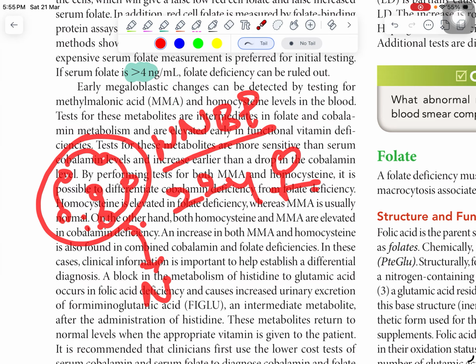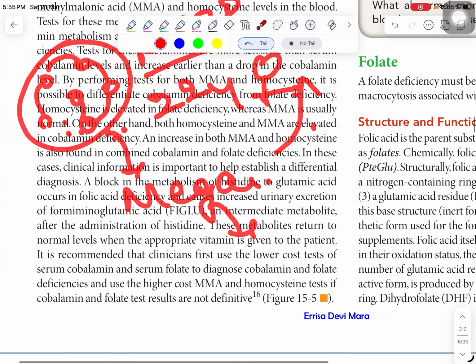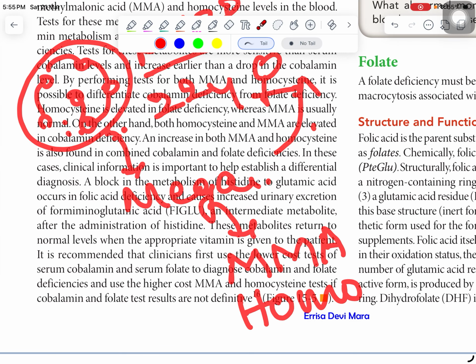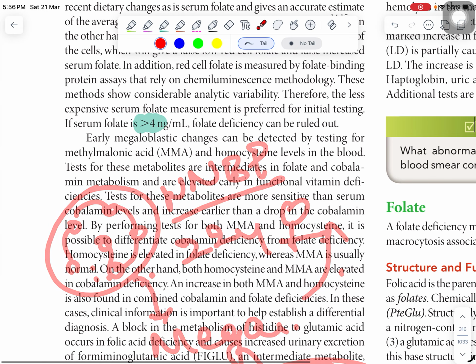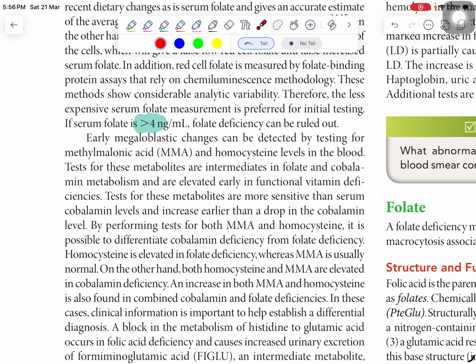If it was megaloblastic anemia and she is not showing anemia, then, if she can afford it, you can tell her to get the MMA and homocysteine levels checked. So in this you can see variations, and that will give you early megaloblastic changes.